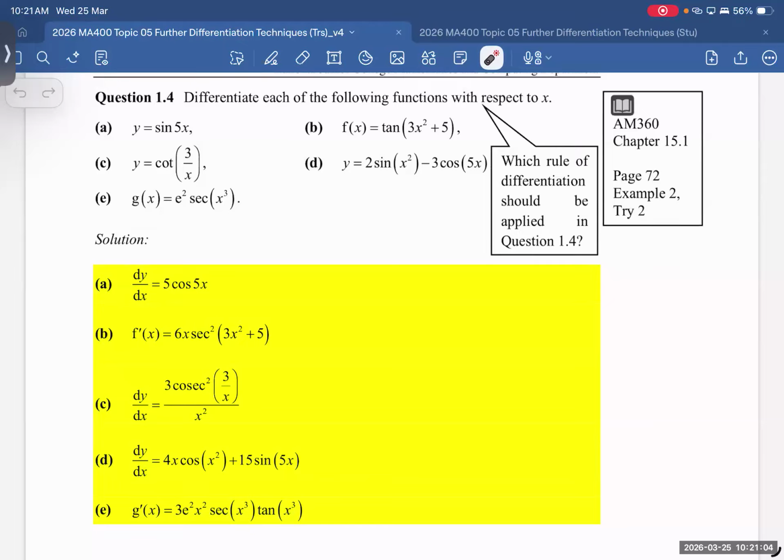Question 1.5. Don't worry, it's all worked out by a certain formula.